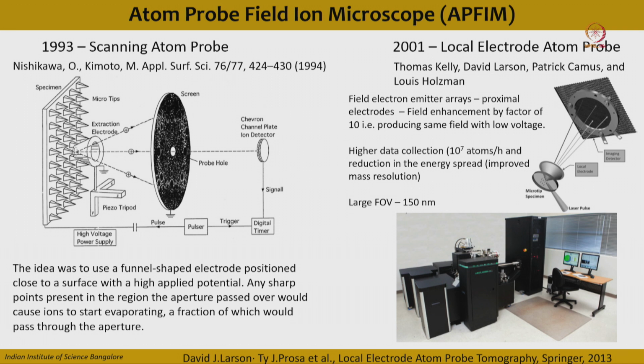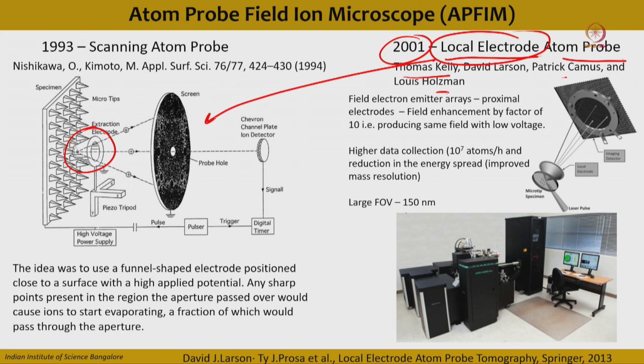Okay, then in 2001, based on a similar design, Thomas Kelly and his colleagues developed the local electrode atom probe. This idea came from the work by Nishikawa, where they used a local electrode just near the atom probe tip, due to which the electric field lines just ahead of the tip got concentrated, and the field of view improved much higher, up to 150 nanometers.